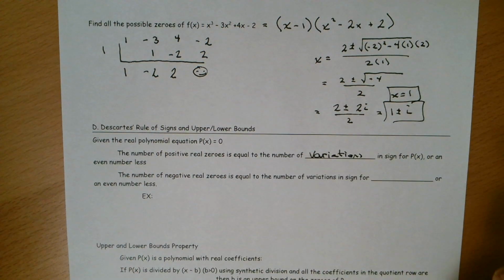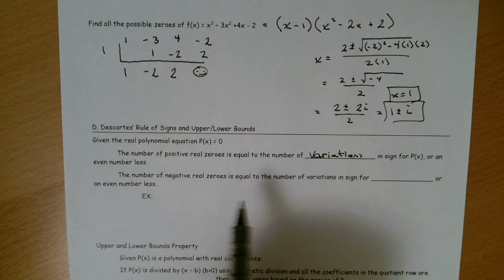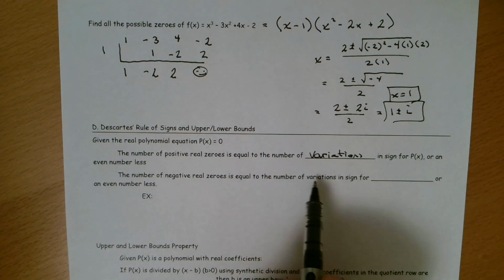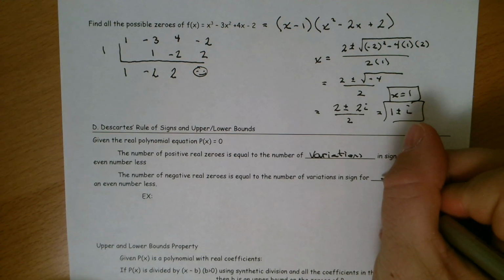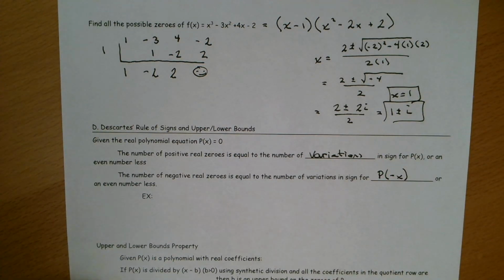And we'll talk more about that as you start to get it. The number of negative real zeros, meaning left side of the x-axis, x-intercepts, is equal to the number of variations in sign for p of negative x, or an even number less. So essentially, we're just going to be changing the odd degree terms again and counting how many variations we see there.